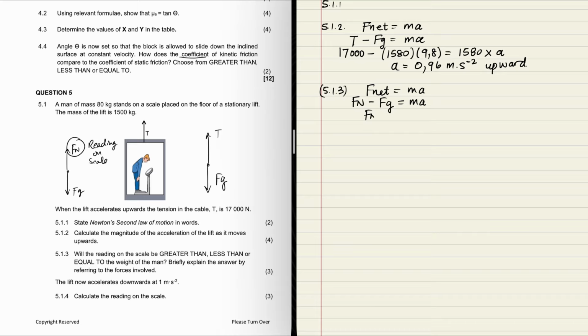So Fn, which is the reading on the scale, is going to equal ma plus Fg. That means that the reading on the scale is going to equal the mass times the acceleration plus the weight of the man.